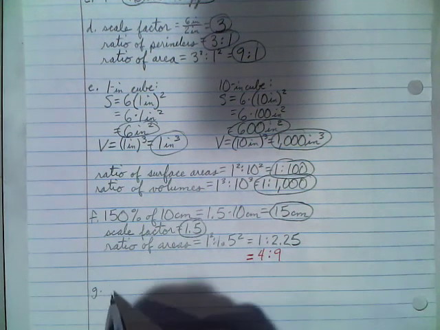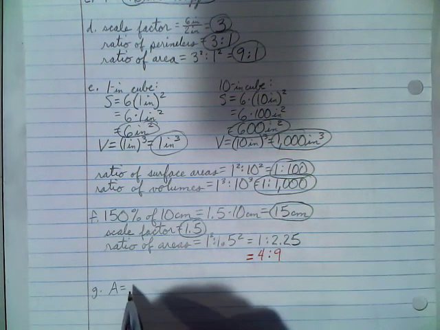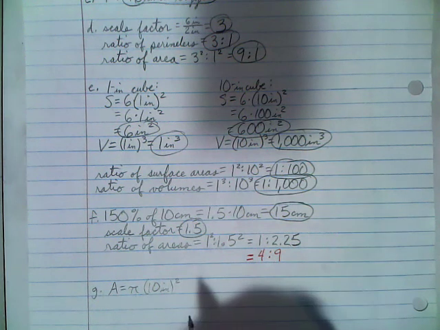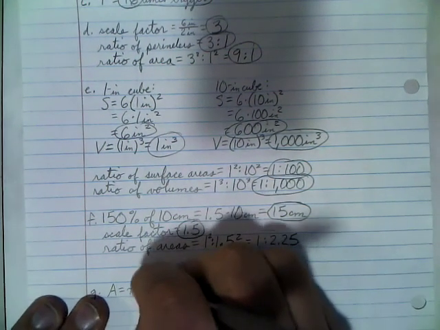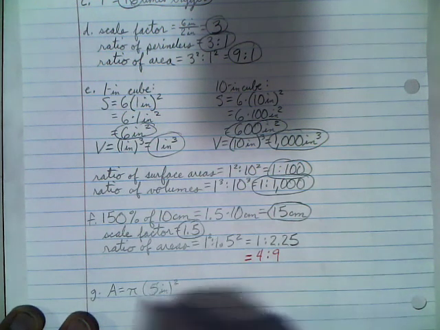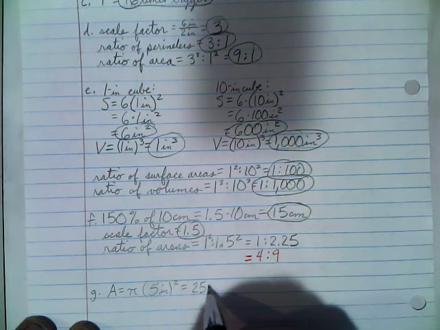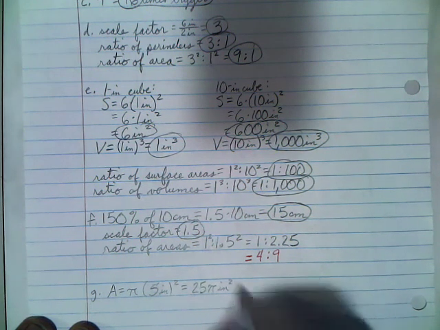So if we think through here, A equals pi r squared for a circle. So that's pi times 5 inches squared, my apologies, radius squared. So that would be 25 pi square inches.